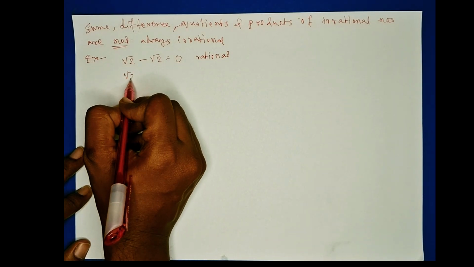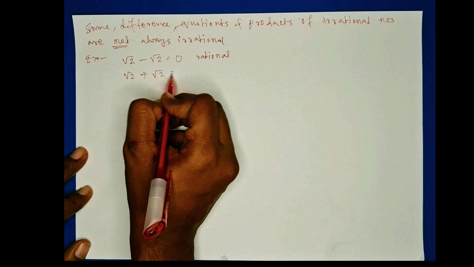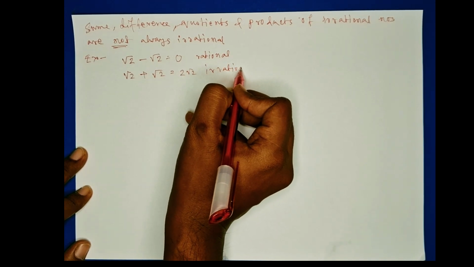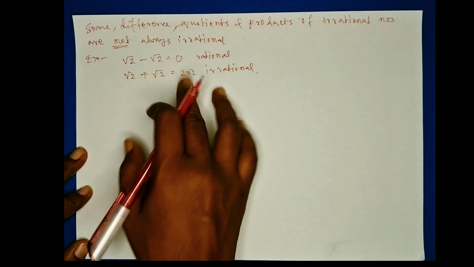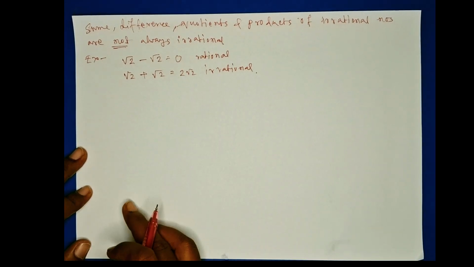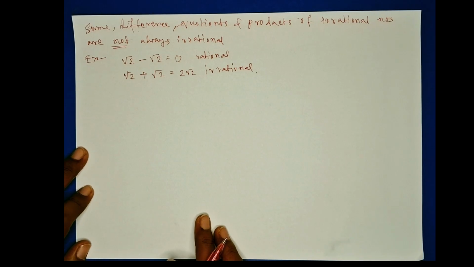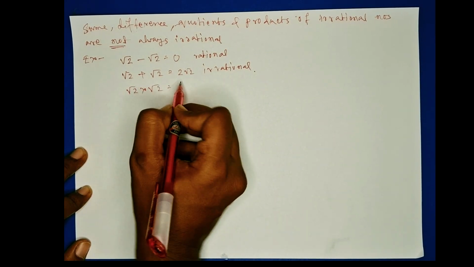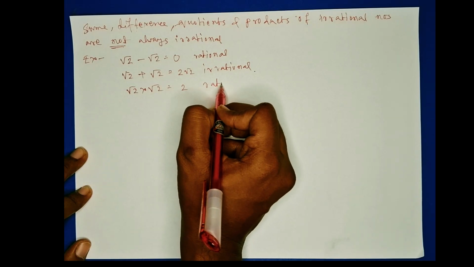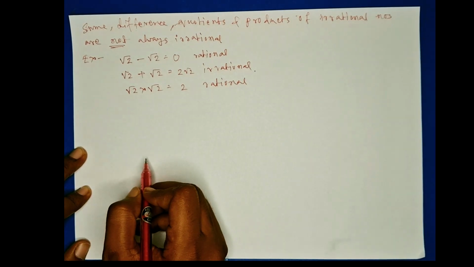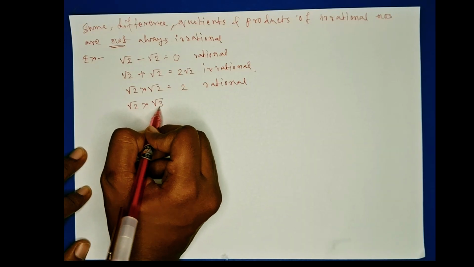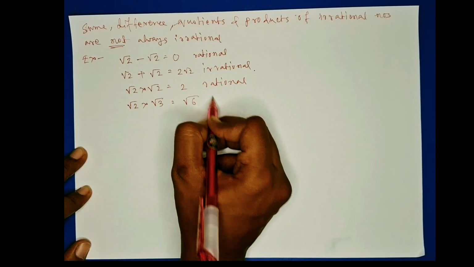But if I add these two, then I get an irrational number. So this may be rational or irrational. And in another way, if I multiply root 2 into root 2, I get 2, that is rational. Again, if I multiply root 2 with root 3, I get root 6, that is irrational.